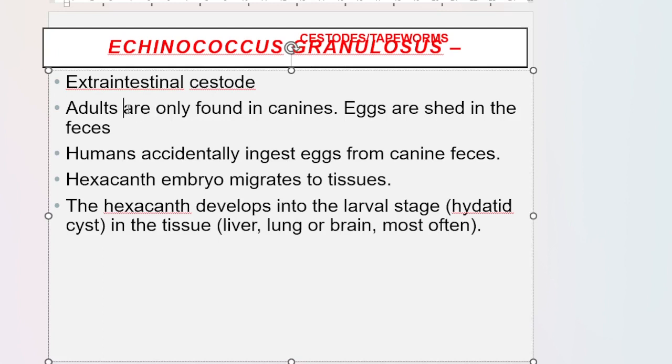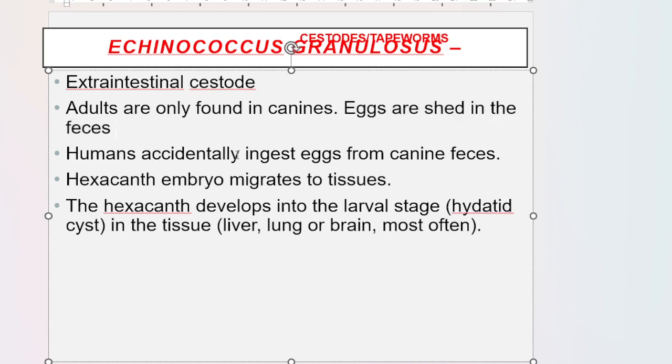Kasi nakalagay dyan sa canines lang daw siya. Eggs are shed in the feces and we acquire this parasite by ingestion, fecal-oral route, from feces ng canines, dogs usually. So, hindi sa tao ha, canines.